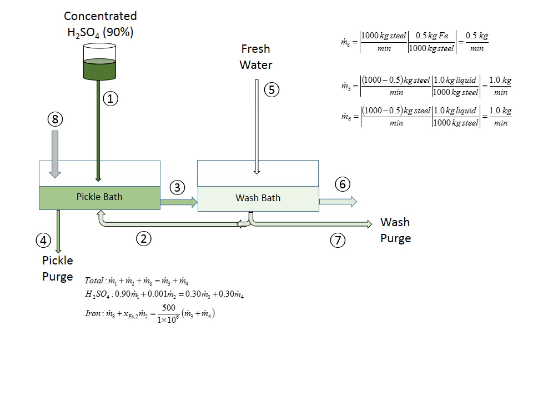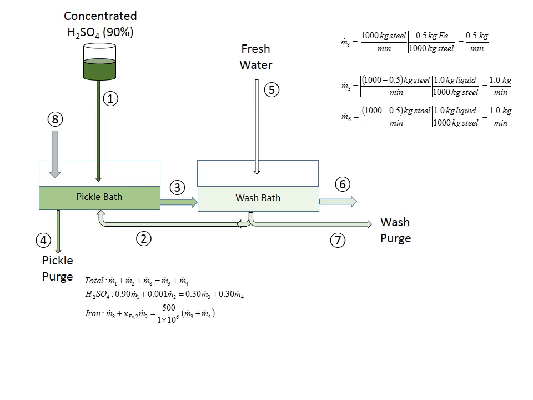We have 3 inlet streams, that being the concentrated sulfuric acid, stream 1, the recycled wash bath solution, stream 2, and the dissolved iron, stream 8. Leaving our pickle bath is stream 3, the carryover of liquid into the wash bath, and stream 4, which is the purge of the pickle bath.